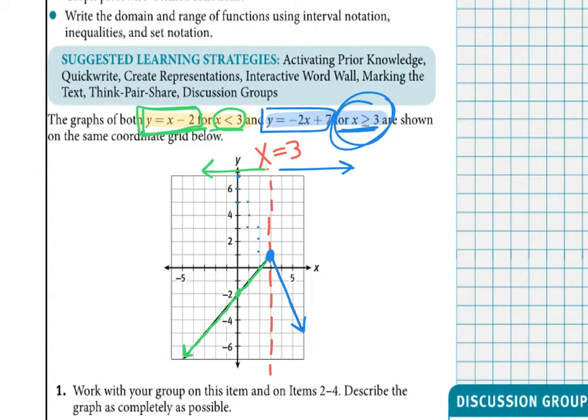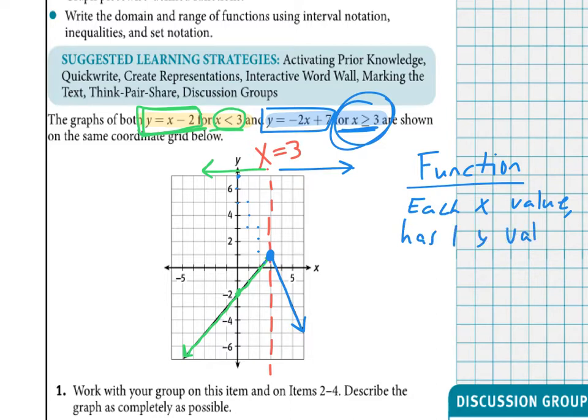And if you remember, to be a function, it means that each x value, each input, has only one y value. And there's a way to test that you may have seen called the vertical line test. Basically what the vertical line test says is that if a graph is a function, when you draw vertical lines through it, a line is only going to touch the graph once.